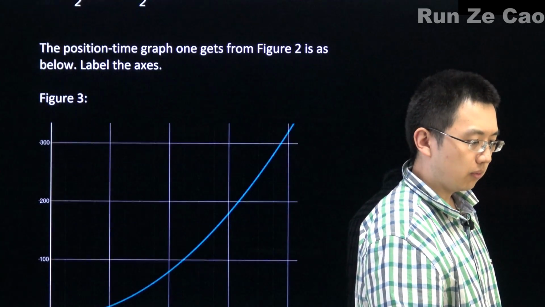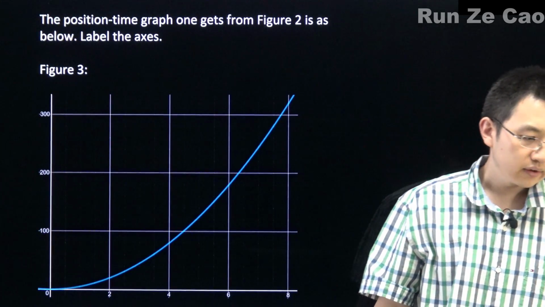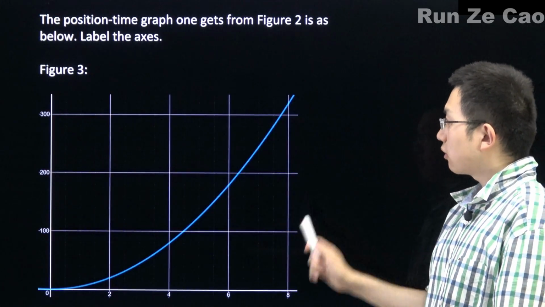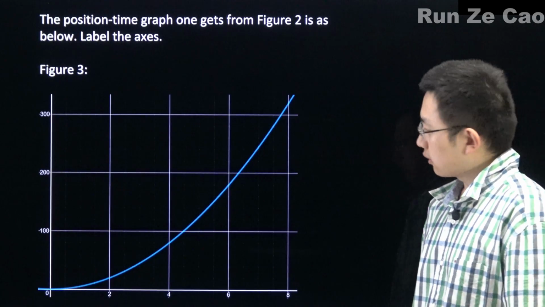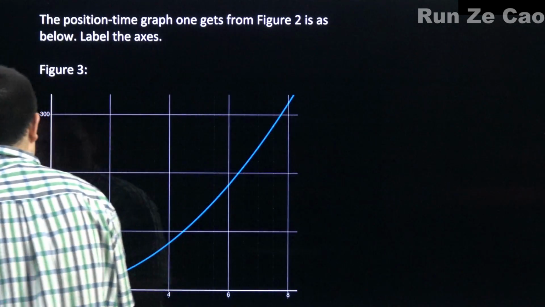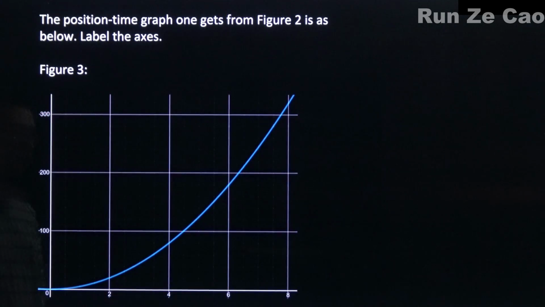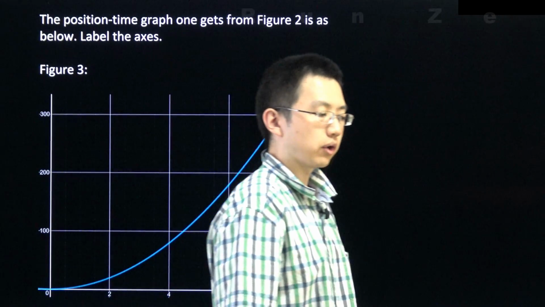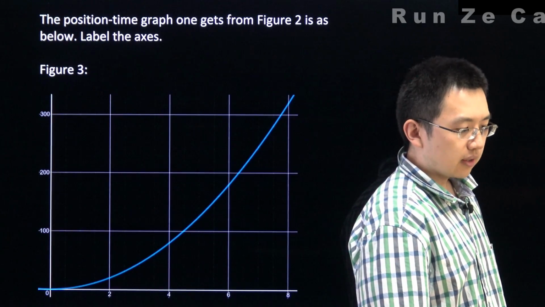Okay, now what about the position time graph? This is quadratic. This is part of a parabola. Now, technically speaking, you're not supposed to show values past the other end, but graphing calculators sometimes don't let you set boundaries, which is annoying. So what are these axes?